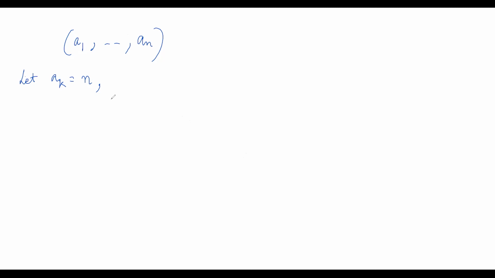So from here it implies that ak is greater than the previous one, a k minus 1, as well as the next term, a k plus 1. Now if k is 1, then a k minus 1 won't exist, and if k is n, then a k plus 1 won't exist.